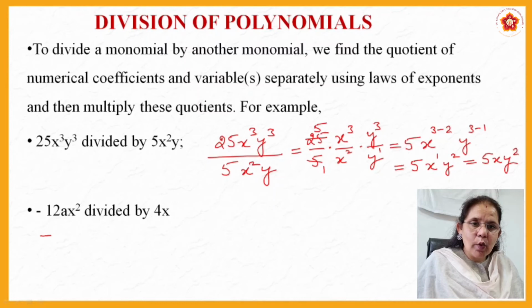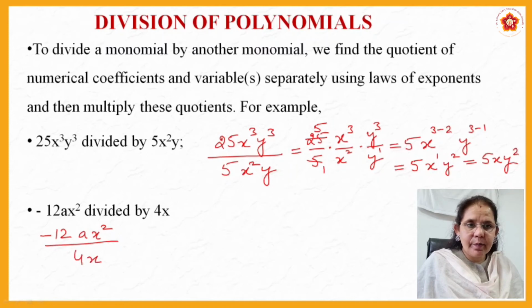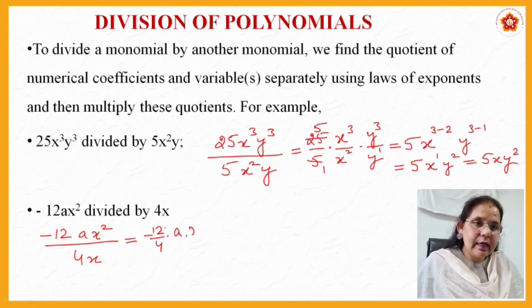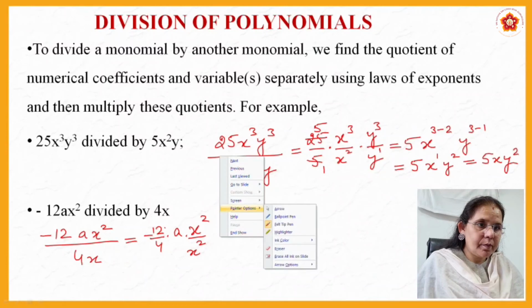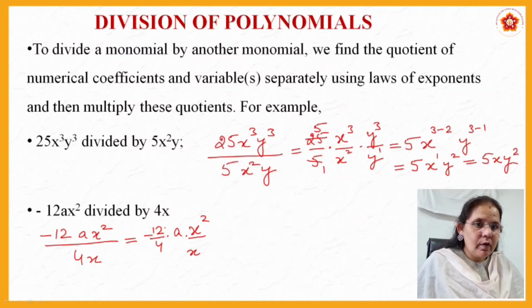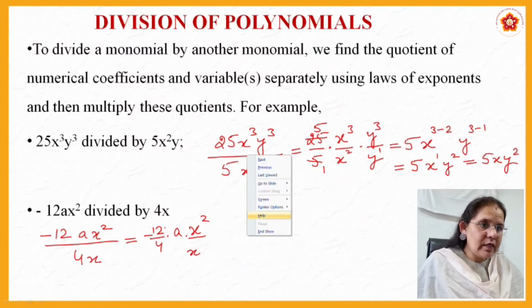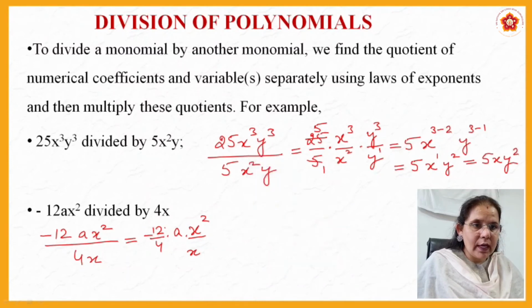Let's look at the next one. Minus 12ax square divided by 4x. Separate it. A is here and x square divided by x is here. When no power of x is written, that means the power is 1.